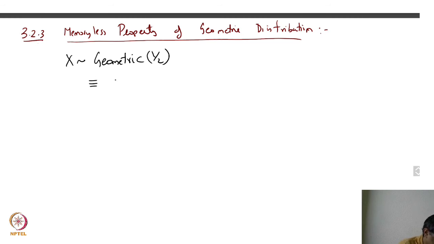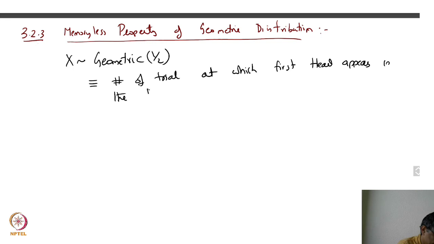X represents the number of the trial at which the first success, or the first head, appears in the tosses of a fair coin. That can be the understanding.